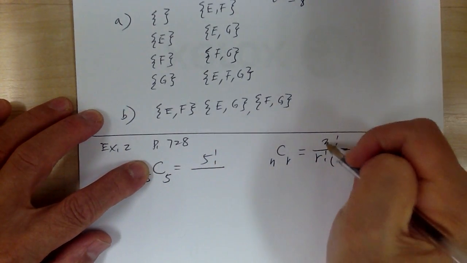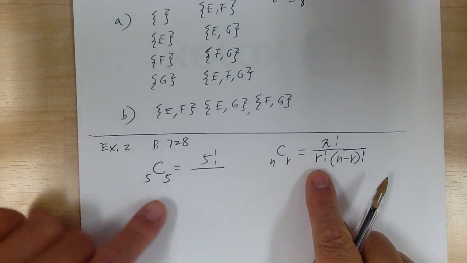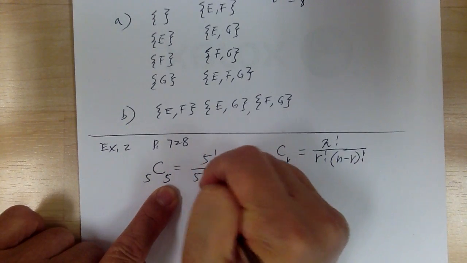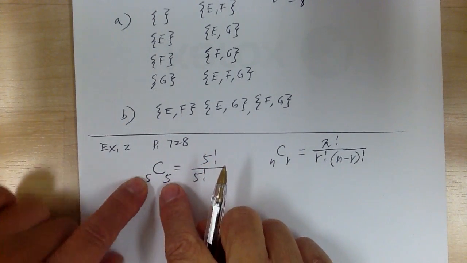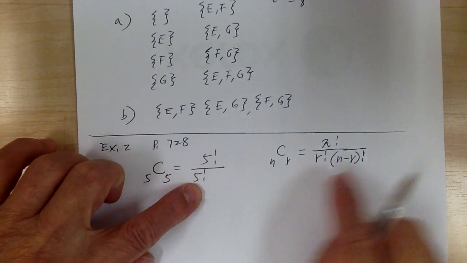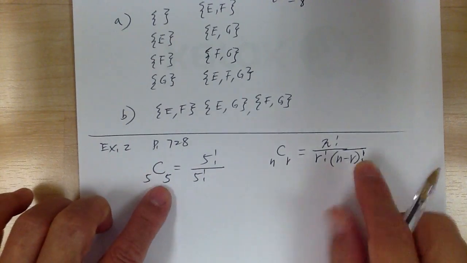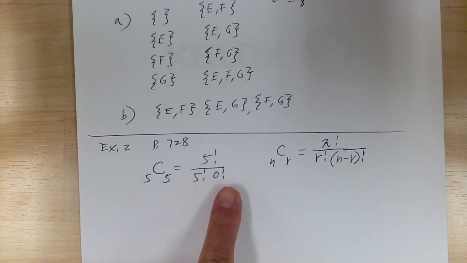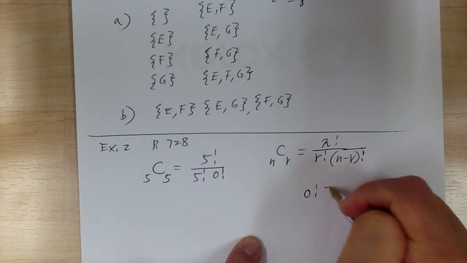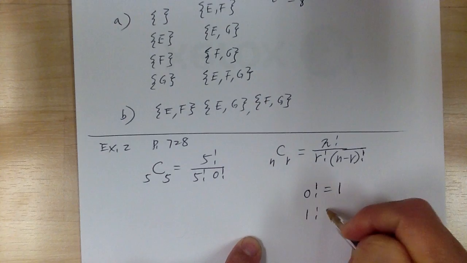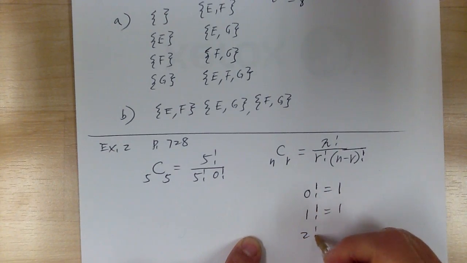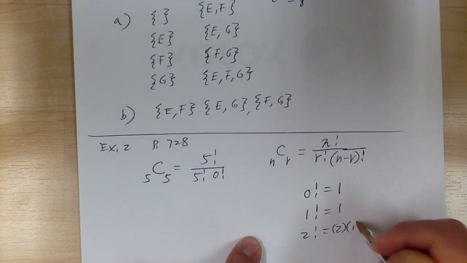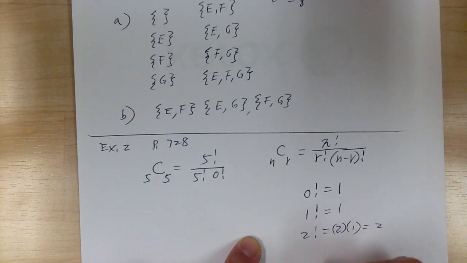The total goes on the top. Then the r over here is 5 factorial. So this number goes on top, this number goes on the bottom, and the difference, it would be 0 factorial. Now 0 factorial is equal to 1. 1 factorial is equal to 1. And 2 factorial is equal to 2 times 1, equal to 2. And so forth and so forth.